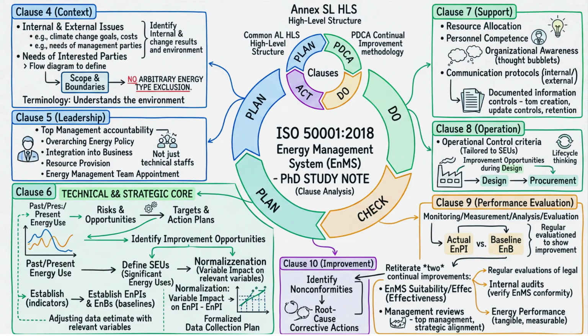Clause 9, performance evaluation, requires systematic monitoring, measurement, analysis, and evaluation. This section shows the direct comparison, actual energy performance indicators versus baseline energy, with regular evaluations to demonstrate continuous improvement in energy performance, which must be tangible and measurable.